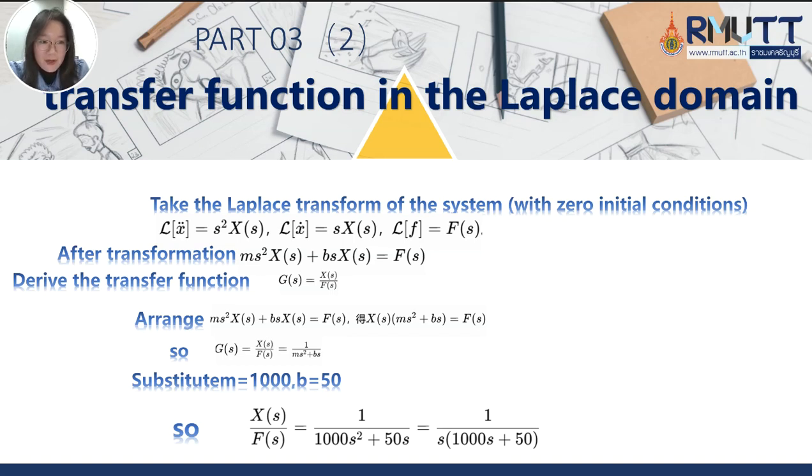Thus, we obtain the transfer function of the system: X s over F s is 1 over 1000 s squared plus 550 s, and the final is this.